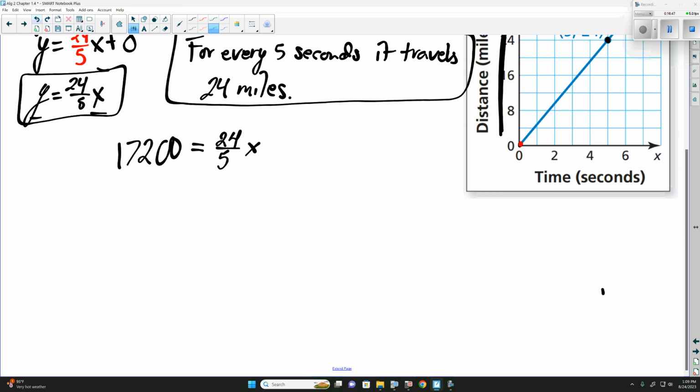Are they being added, subtracted, multiplied, divided? 24 over 5 and x, that fraction and x, they're being multiplied, so how can I undo multiplication? What's the opposite of multiplying? We would divide. So what I could do is divide both sides by 24 over 5.